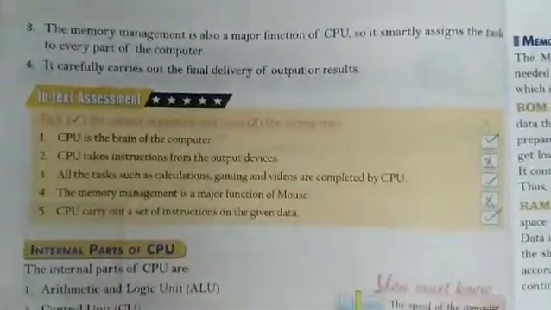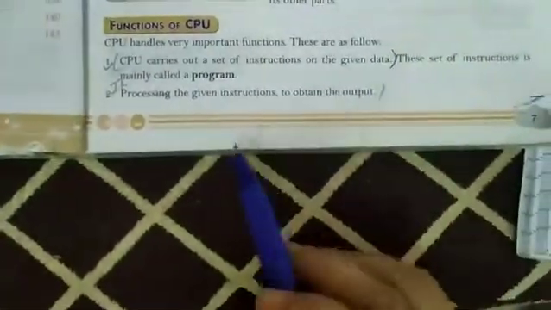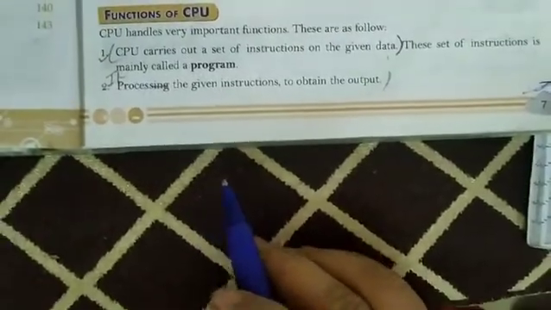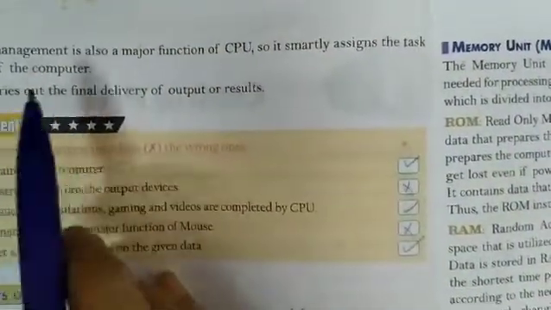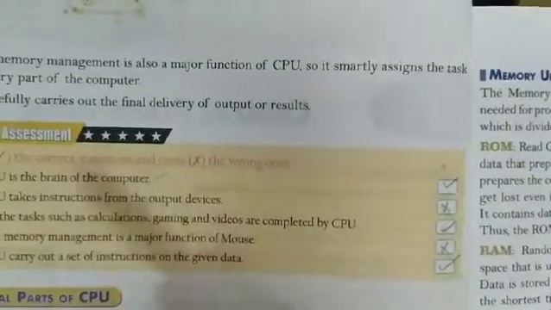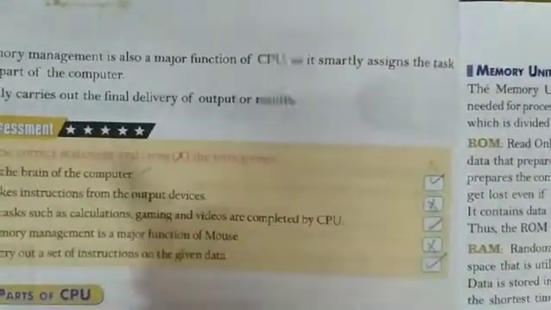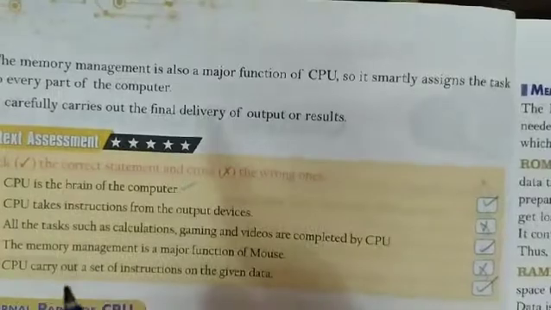So there are four main functions. First, it carries out a set of instructions on the given data. Second, it processes the instruction to obtain the output. Third, it manages all the major functions and assigns the task to every part of the computer.